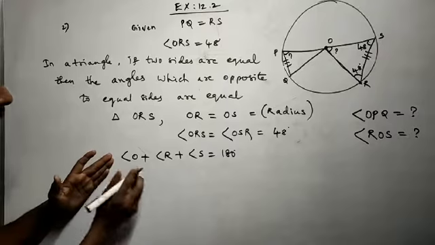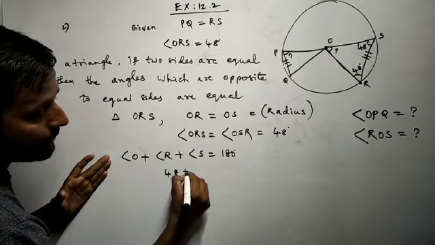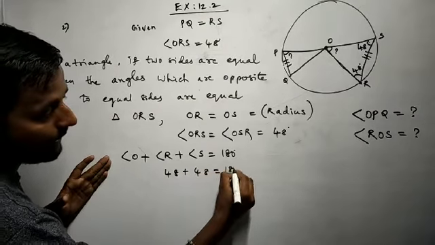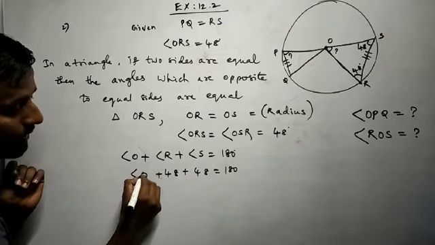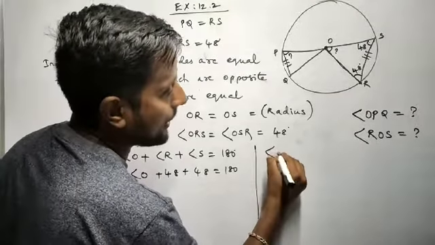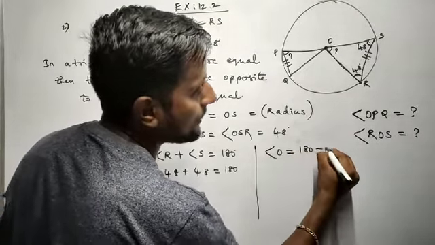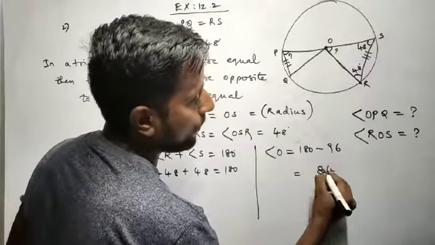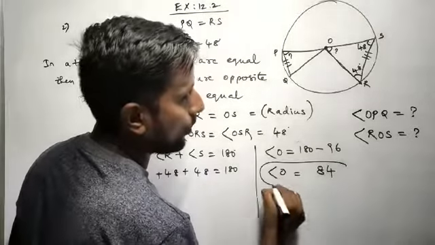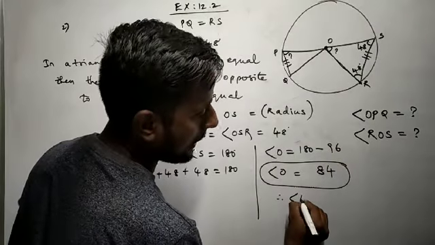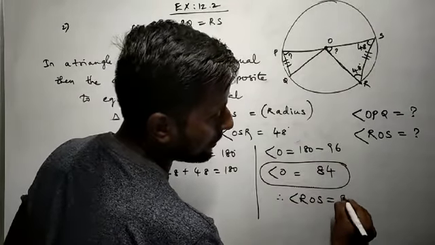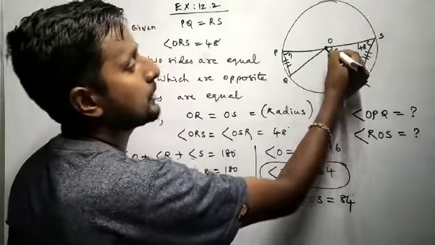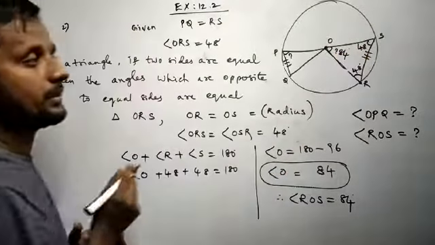So O we don't know, this is 48, this is also 48, and the total is 180. So 48 plus 48 plus angle O. Simple, angle O is equal to 180 minus 96, correct? So angle ROS is equal to 84 degrees. So this angle is 84 degrees.